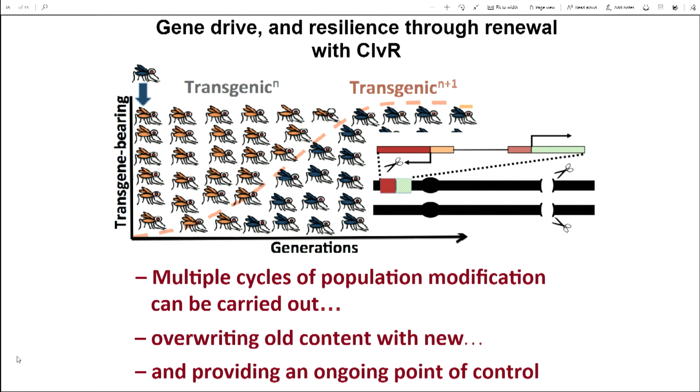And then we can overwrite old content. And this, again, we think is useful because it provides an important point of control. It provides a kind of reversibility. It's not really reversibility to wild type, but it allows you to change a modification that you have made and put something new in its place.